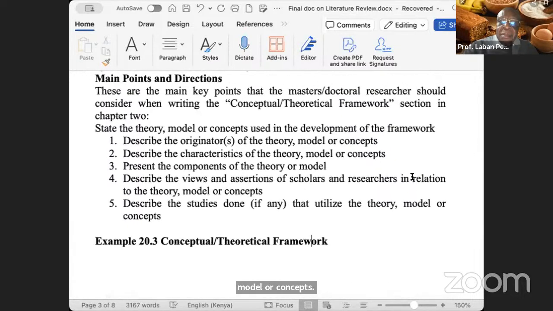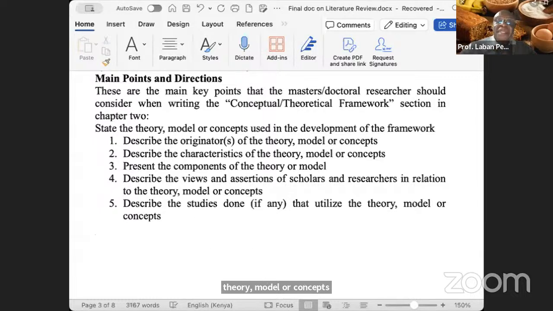Present the components of the theory or model. 4. Describe the views and assertions of scholars and researchers in relation to the theory, model, or concepts. And 5. Describe the studies done, if any, that utilize the theory, model, or concepts. Pause. Thank you. Very good reading. I'm very happy about that. Now, I am not a supervisor who will tell you, go and write your theoretical framework.